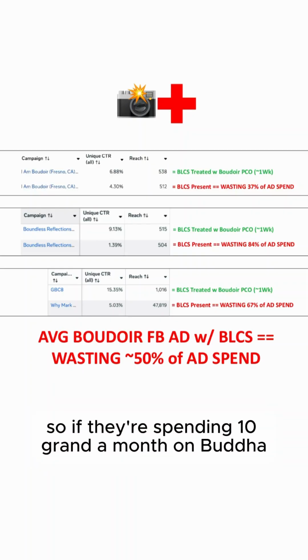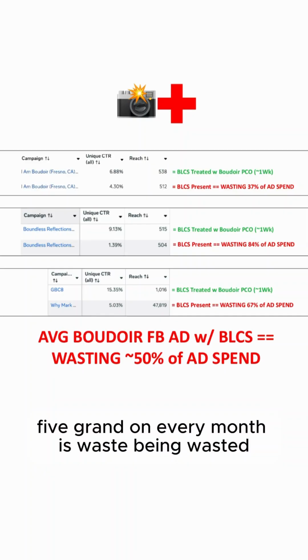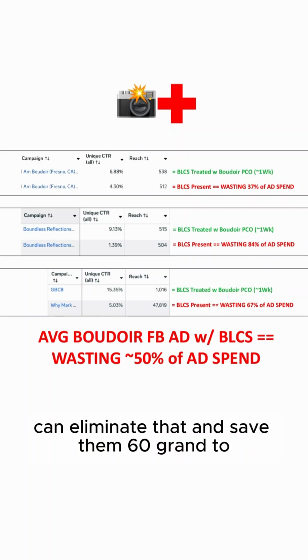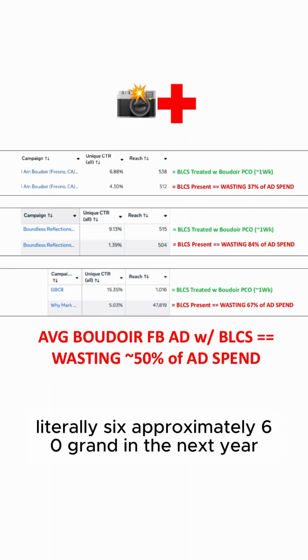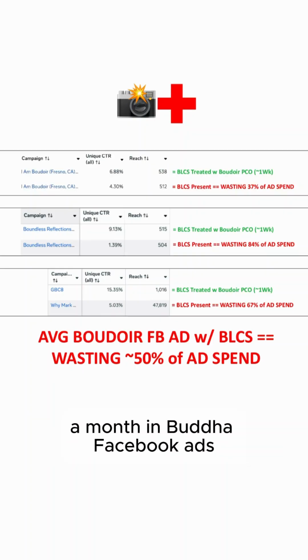So if they're spending 10 grand a month on Boudoir Facebook ads, on average, 5 grand every month is being wasted, thrown down the drain. And we can eliminate that and save them approximately 60 grand in the next year if they're spending at least 10 grand a month in Boudoir Facebook ads.